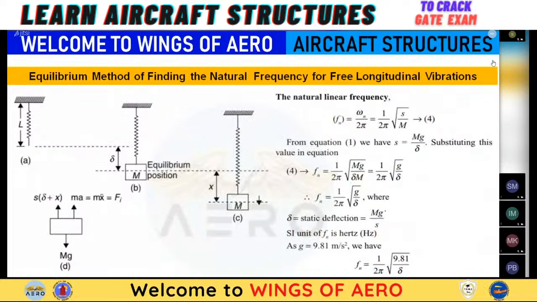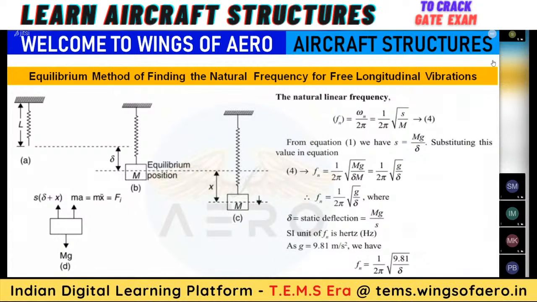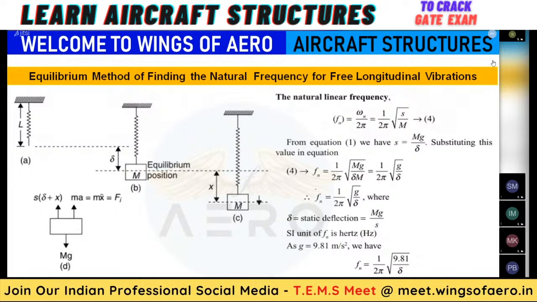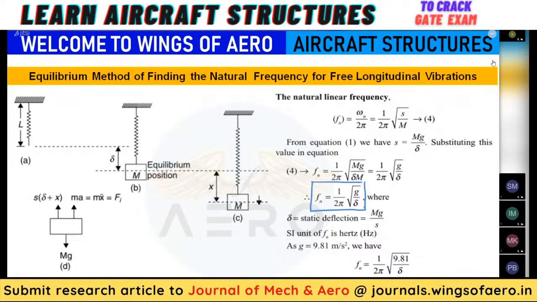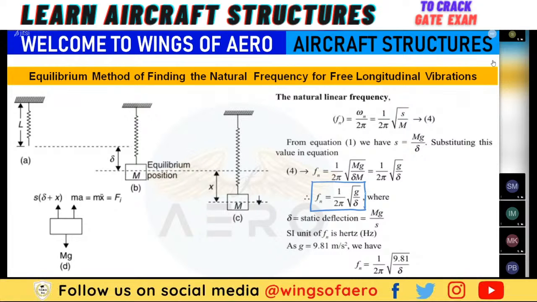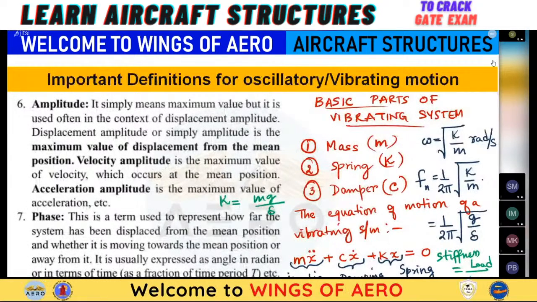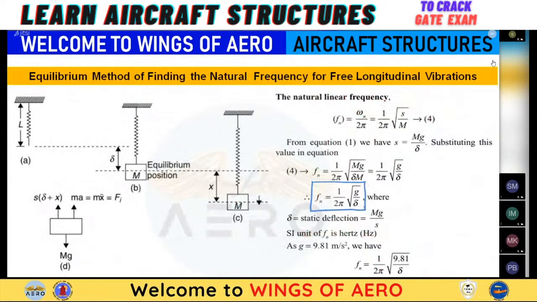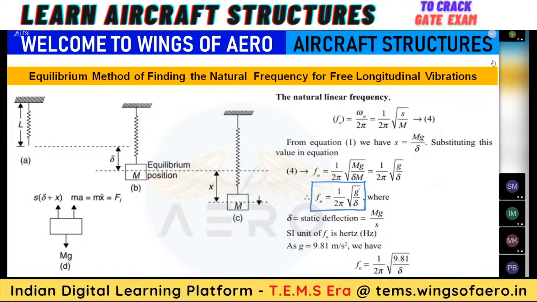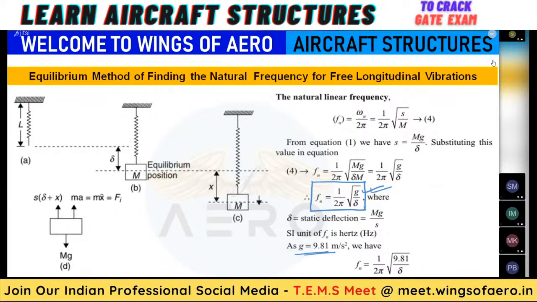I have already discussed this thing. Now sometimes in your competitive exam, f n equals 1 by 2 pi root of g by del. If you substitute the value of g, that is 9.81, you will get this value.